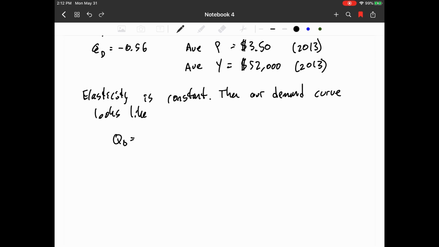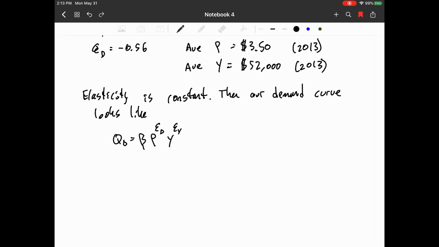QD equals beta, which is just some parameter, times price raised to the power of price elasticity of demand, times income, which is raised to income elasticity of demand.